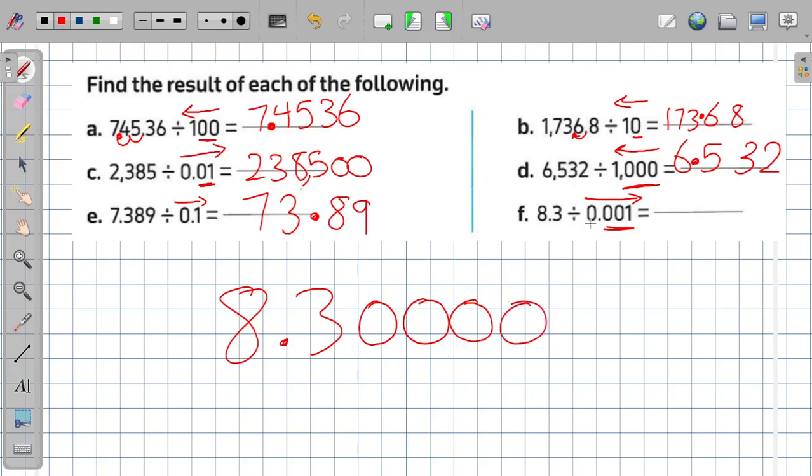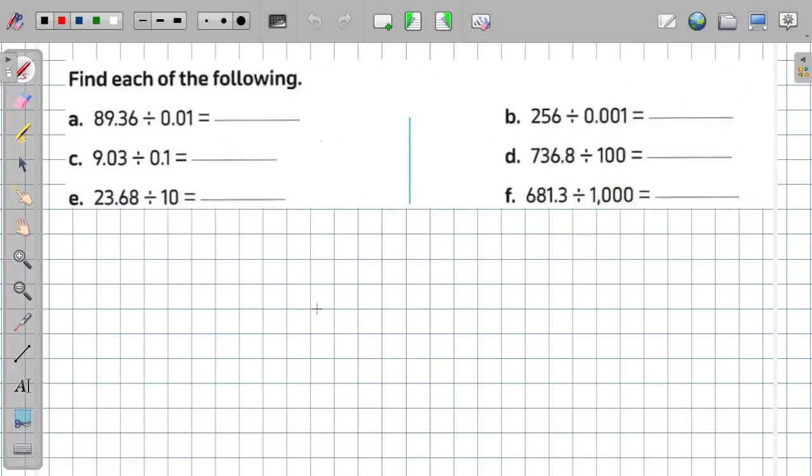Okay, and I want to move the decimal point 3 places. So I will move the decimal point like this. I have 1, 2, 3. So the decimal point between 0 and 0. So I will add 2 zeros next to 3. So I have 8, 3, 0, and 0. And the decimal point will be after 0. So the result will be 8,300. Okay? Let's try another one.